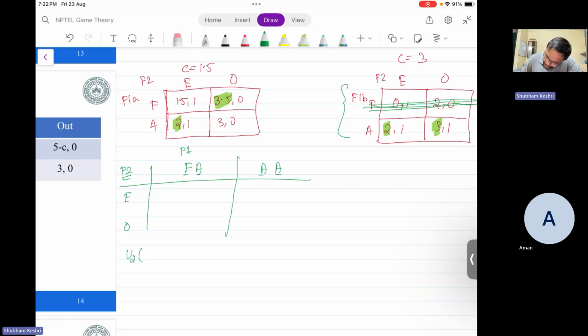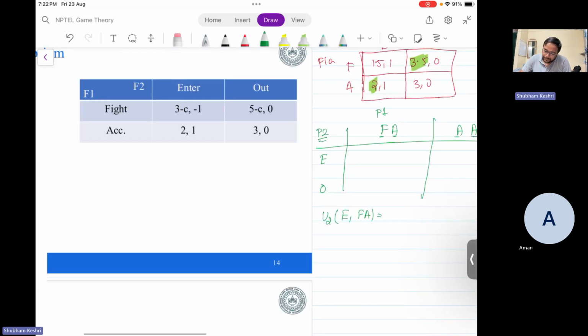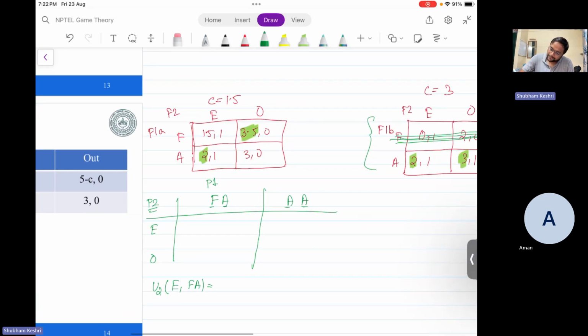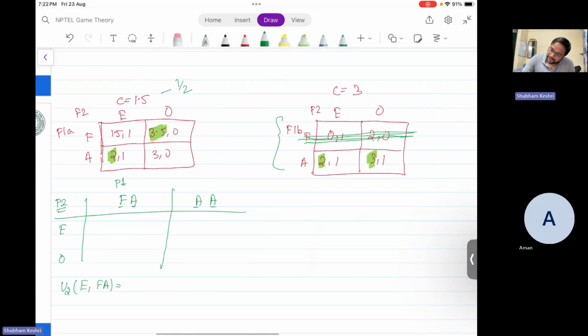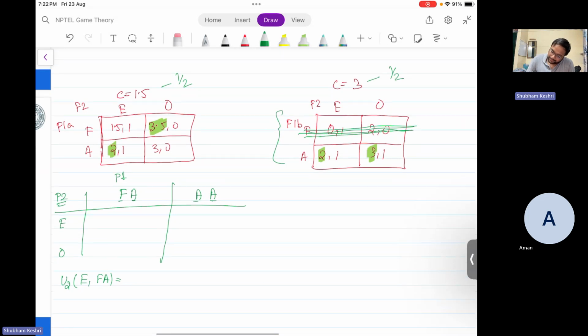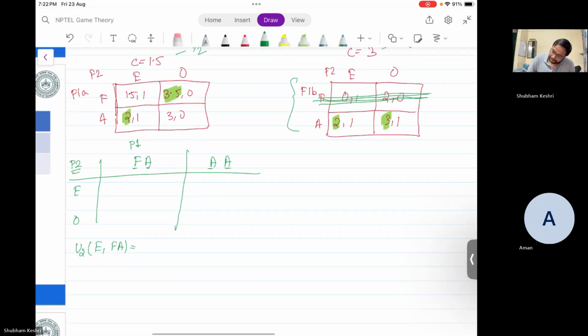Utility of player 2 when he enters and the other player is fight for type A and accommodate for type B. Now the probability is given to be 0.5. So this is happening half of the time and this is happening half of the time. Therefore, it will be half times. You have to be careful over here. All right.